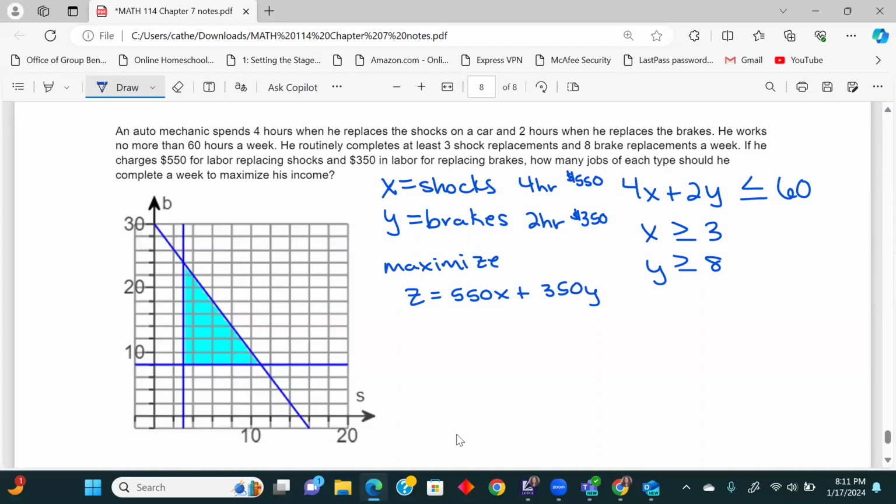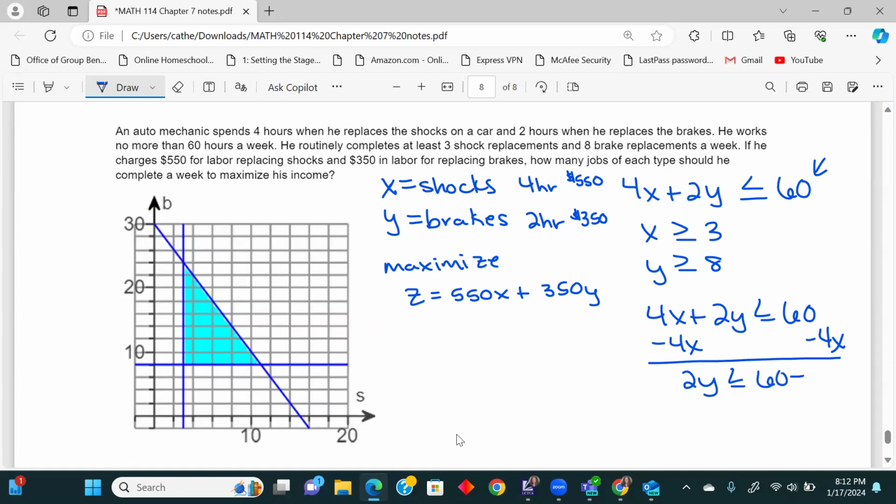All right, so I'm going to take this top equation and bring it down here just so I can solve for y. Let's move our x first. And then I'm going to divide each one by 2. All right, so a little trick here.